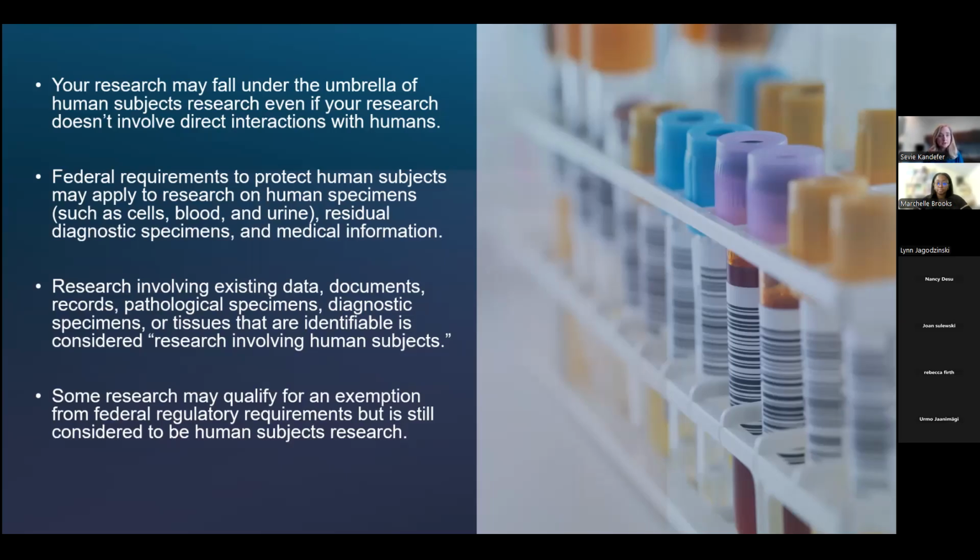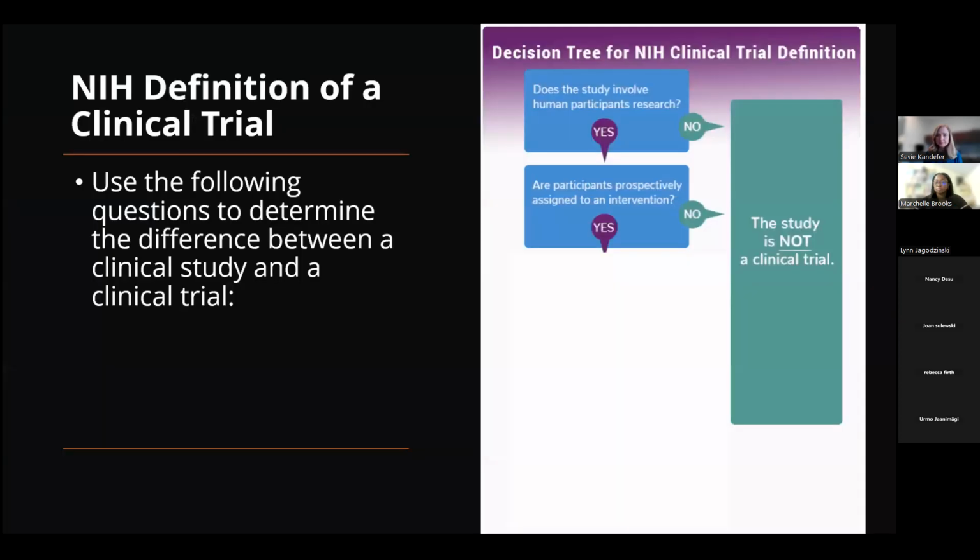So research involving existing data, documents, records, pathological specimens, diagnostic specimens, or tissues that are identifiable is considered research involving humans. So your chart reviews, your record reviews, those things are also human subjects research. Some research may qualify for an exemption from federal regulatory requirements, but it's still considered human subjects research.